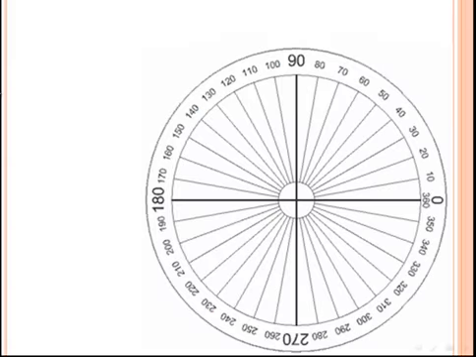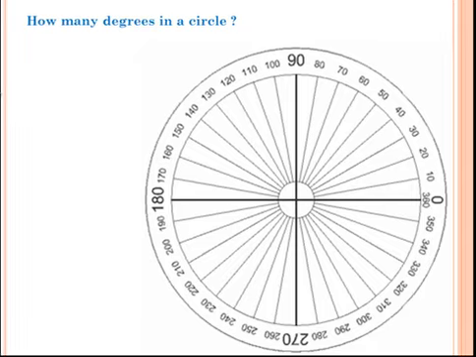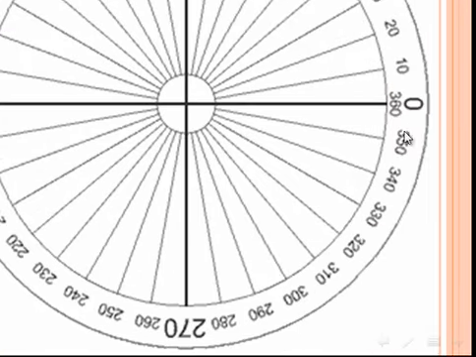Here, there is a big circle. And I have an important question for you. How many degrees in a big circle? As you see, I'm going to start from 0.